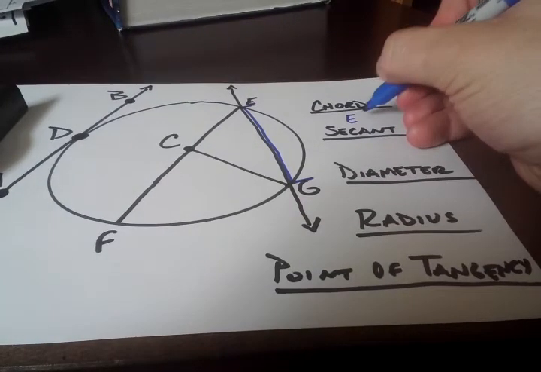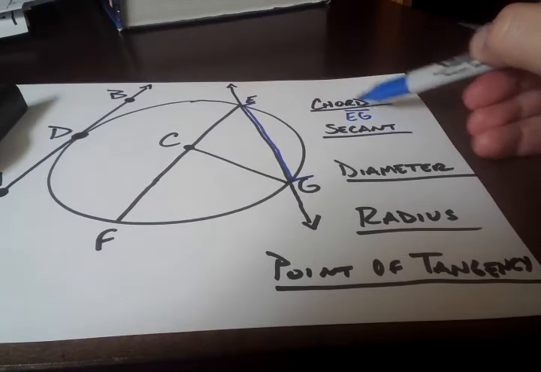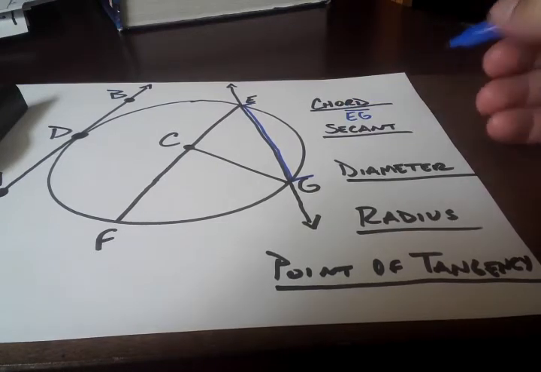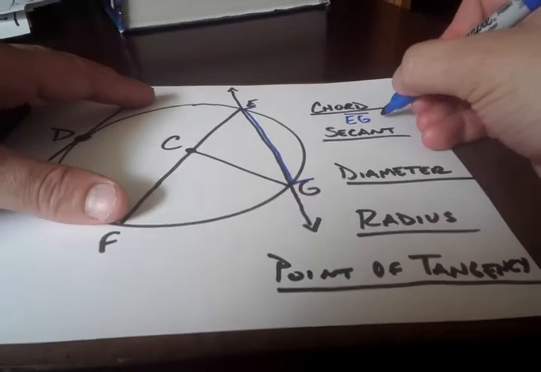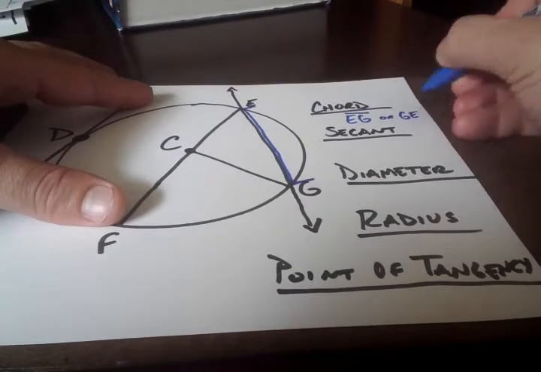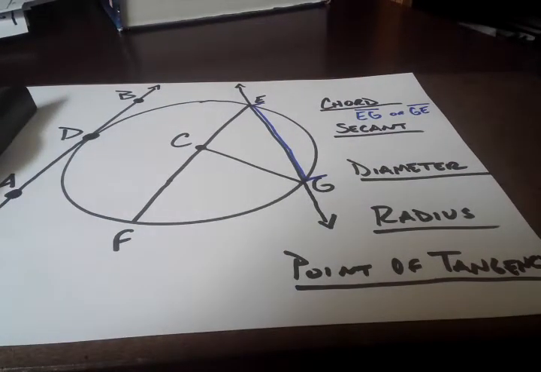Let's use EG as our chord. Remember, the line on top is important. This is telling us it's a segment, starting at E, stopping at G, because there is no arrows. You could also write EG as GE, and it starts at G, goes to E. It's the same line segment, just a different way to write your answer.